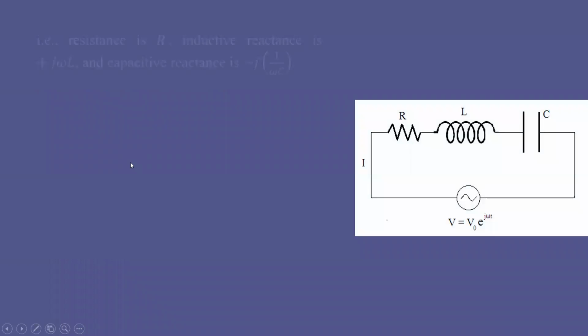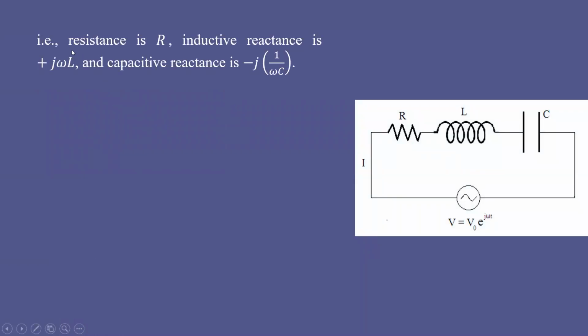So using that concept, definitely the effective resistance of the resistor is R, whereas inductive reactance can be written with phase difference, that is plus J omega L, where omega L is the inductive reactance, and plus J is introduced to represent the phase difference. So phase difference between this resistance and omega L is plus J or plus pi by 2.